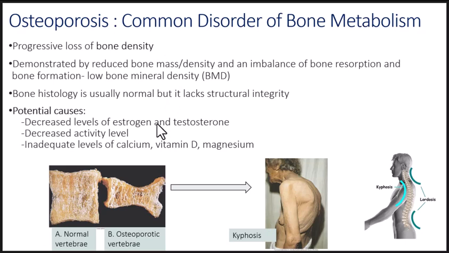In osteoporosis, what we have is a situation where old bone is being resorbed faster than new bone is being made. And so we have this discrepancy in the ratio of bone destruction and bone formation. So it leads to an overall loss in bone density where bone becomes thinner and, as already mentioned, more porous. Now, histologically, if you were to look at bone that is affected by osteoporosis under a microscope, it looks normal, but it lacks structural integrity.